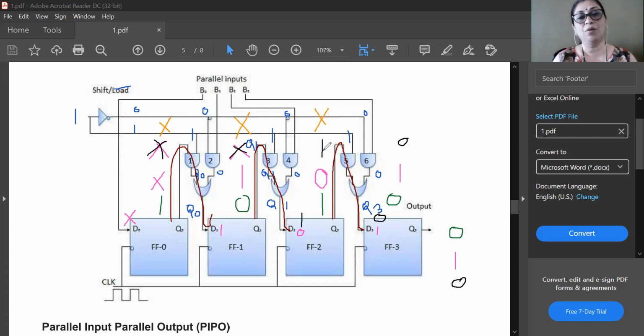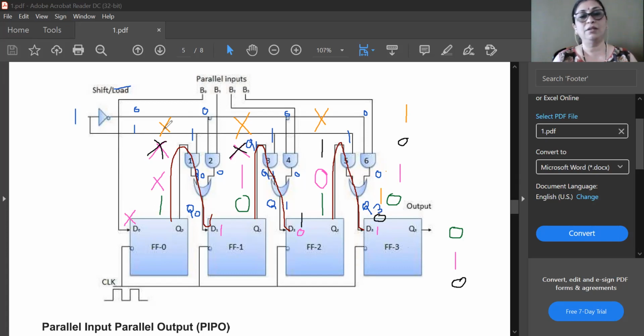Here you can observe the previous state of flip-flop number 2 was 1, and this 1 is applied as input to flip-flop number 3. So now input to flip-flop number 3 is 1. So when you apply a clock pulse, its output will also become 1.